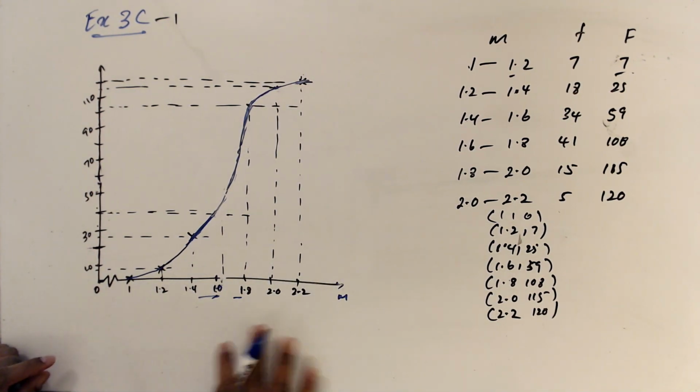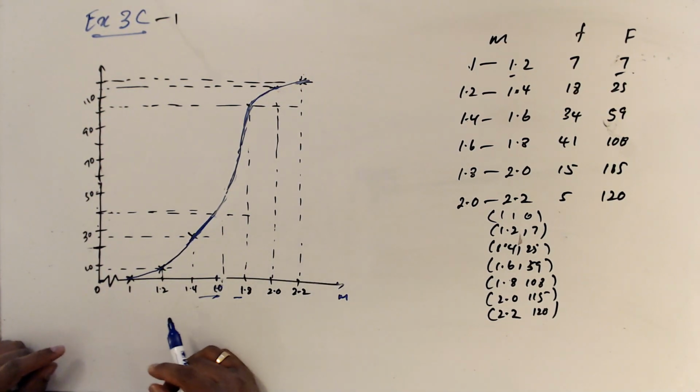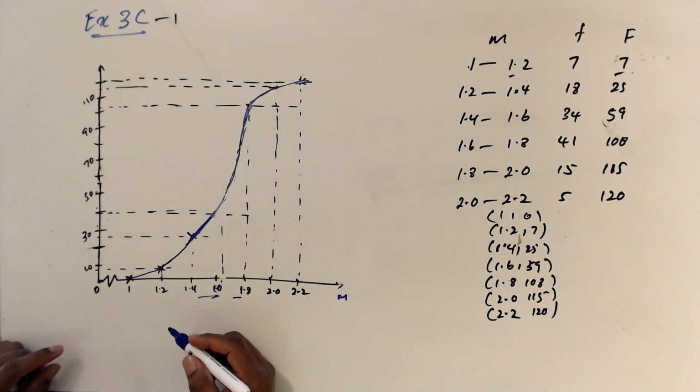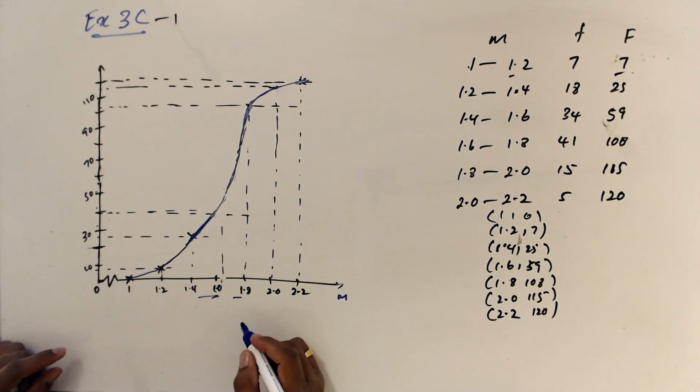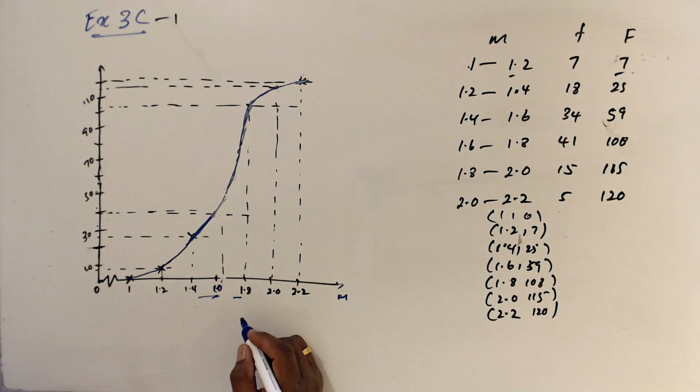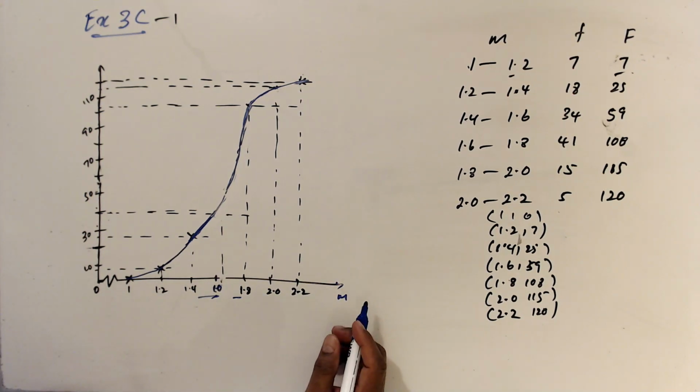So according to my scale, this is this kind of graph, and we know this is always an increasing graph. This is the important thing about the cumulative graph. It is an increasing graph. It means when you take dy by dx, it is always positive.